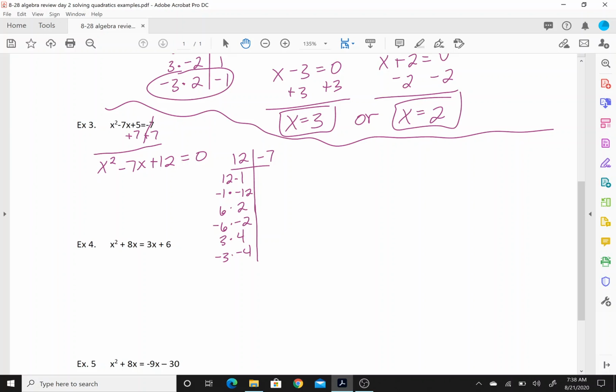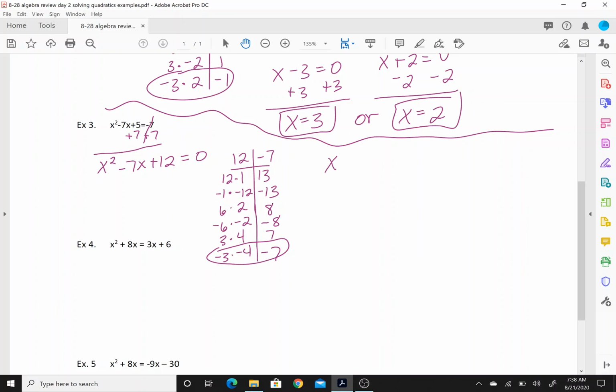So these would all give me positive 12 when I multiply them. And now I'm going to add them. 12 plus 1 is 13. -1 and -12 is -13. 6 and 2 is 8. -6 and -2 is -8. 3 and 4 is 7. Well, we're getting close there. -3 and -4, -7. Perfect. That's what we need. So those are our two factors, -3 and -4.